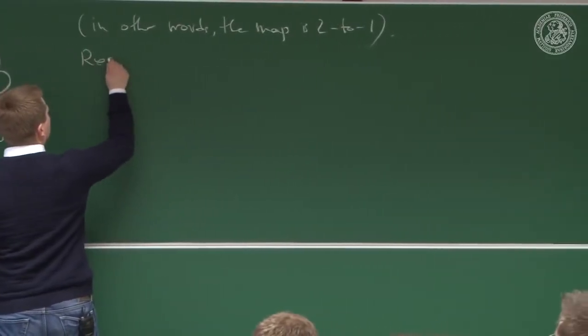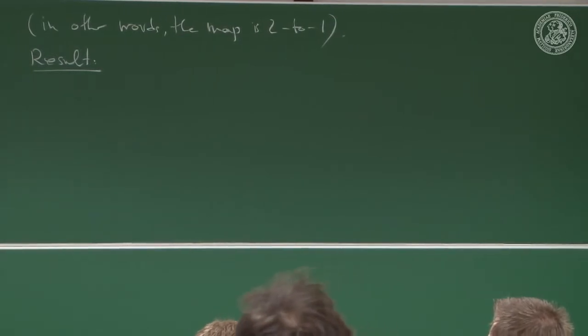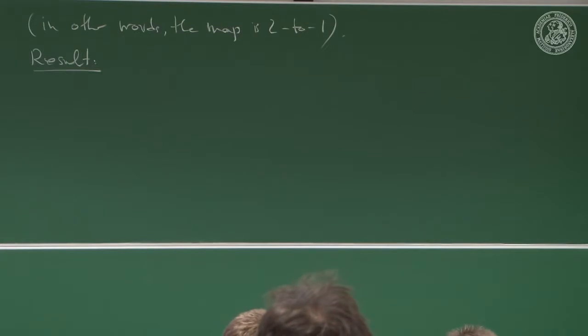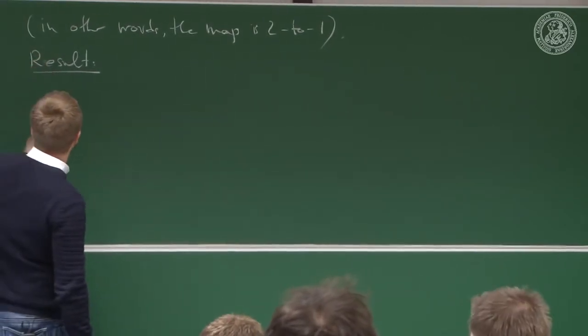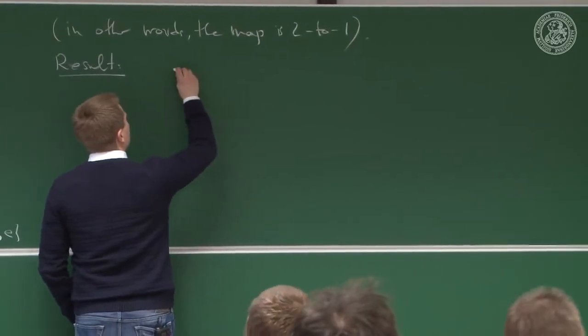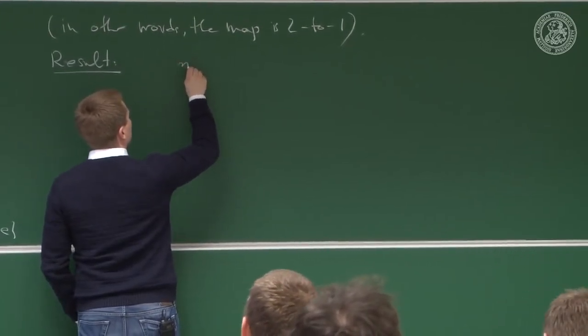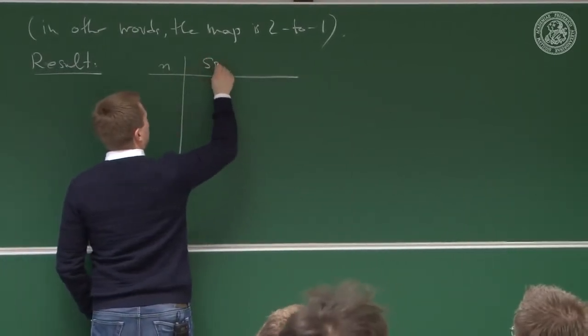Well, I give you the result first for various dimensions, and we'll concentrate on 3 and 4 dimensions, on 3-dimensional space and 4-dimensional space-time, which is still what seems to be the case out there. So let's look at the dimension n, and let's write down what is Spin(n).